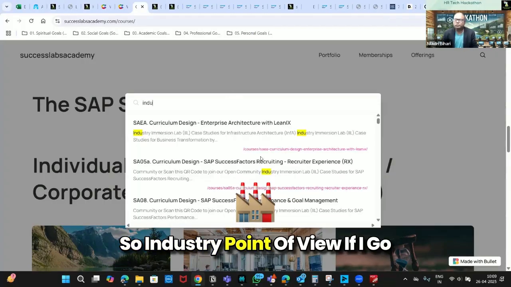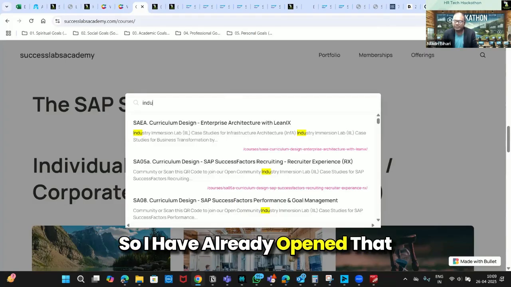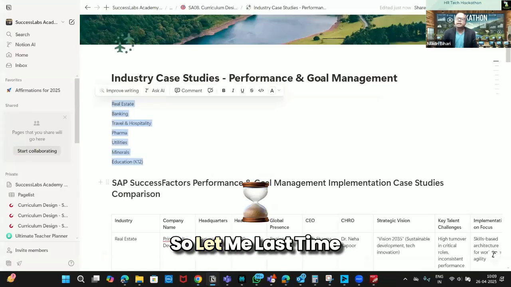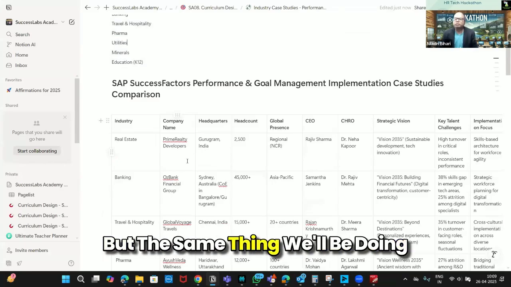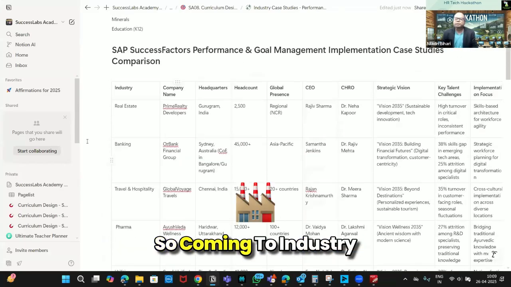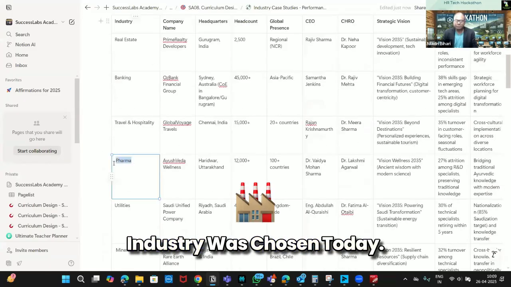From the industry point of view, I have already opened that for you, by the way. Last time we did it for PMGM, but the same thing we'll be doing for all other modules. Coming to industry, I see the pharmaceutical industry was chosen today.